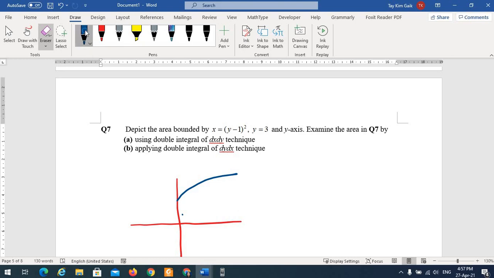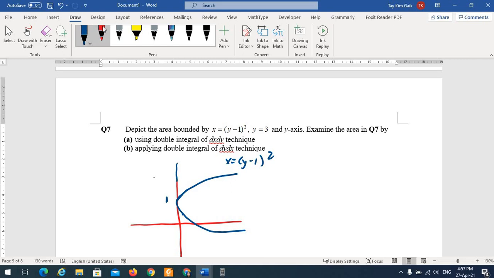It's a parabola. Now this point is 1. So this is x equals y minus 1 squared. Okay, y equals 3, say this one here.